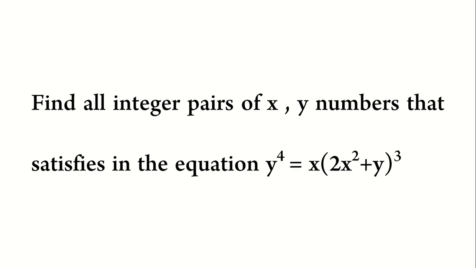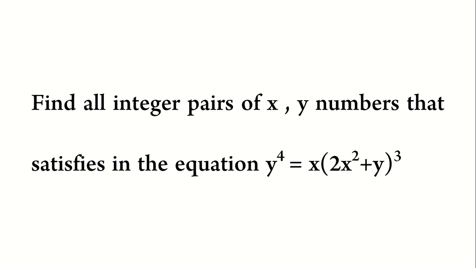Find all integer pairs x and y that satisfy this equation. As I said, y to the power of 4 is equal to a product of two parameters. The first parameter is 2x to the power of 2 plus y to the power of 3, and the second is x, and these two parameters are multiplied together.